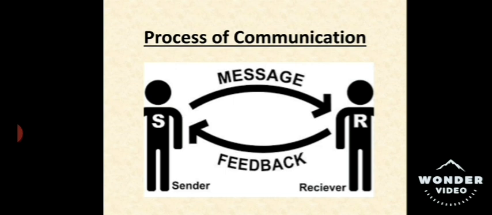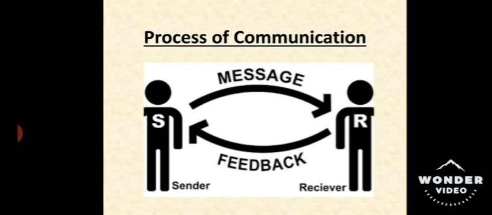Sender sends the message and receiver receives the message and sends back feedback. Feedback is confirmation that the receiver has received the message. In this case, there is one receiver, but receivers may be one or many depending on the type of communication.